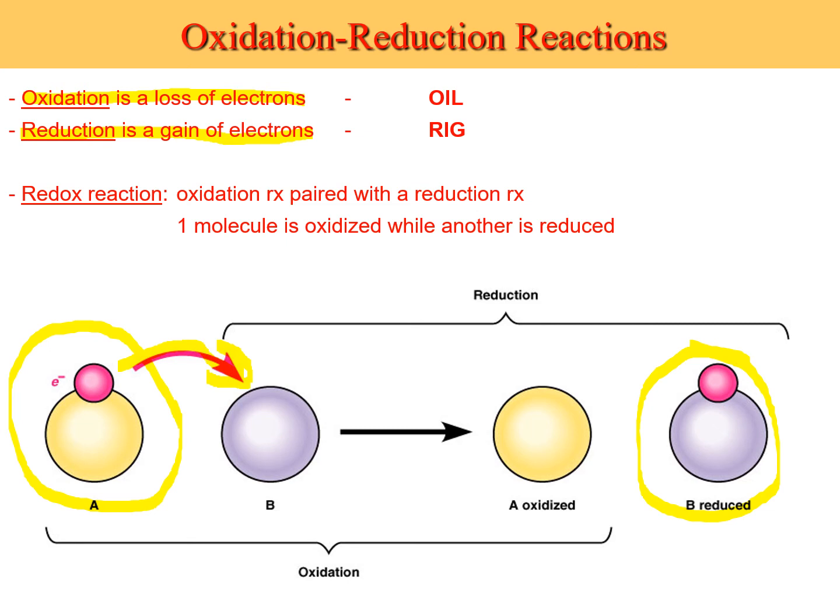So it's an oxidation reduction kind of pairing, and these reactions are called redox reactions. And if you want to remember, and I suggest you do want to remember, oxidation is a loss and reduction is a gain. All you have to do is remember OIL RIG, and you'll hopefully remember that oxidation is a loss of electrons and reduction is a gain of electrons.